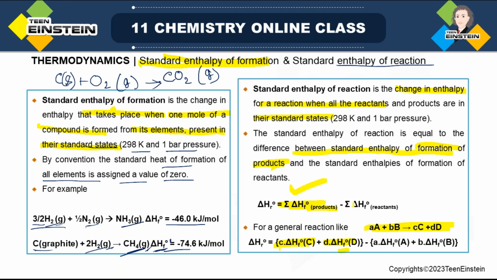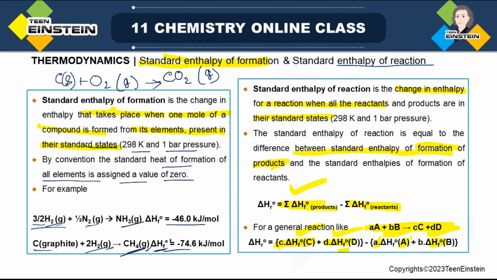Then minus the summation for whatever substances are present on the reactant side. If there is only 1, then 1. If there are 2, as in this case, A and B. If there are 3, you have to put all 3 separate enthalpy values. And don't forget the coefficient: the coefficient multiplied by the enthalpy of formation for reactant A, and b multiplied by the enthalpy of formation for the other reactant, B. So you have to put these 4 values.